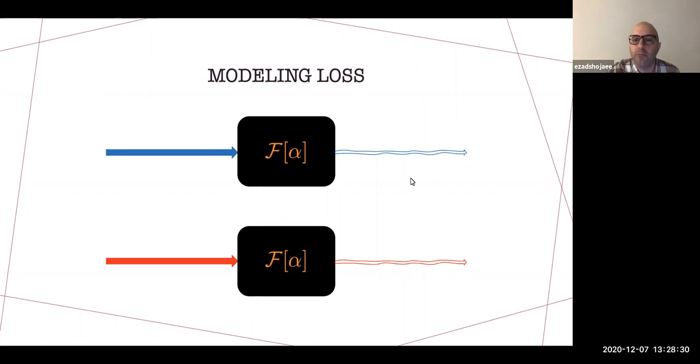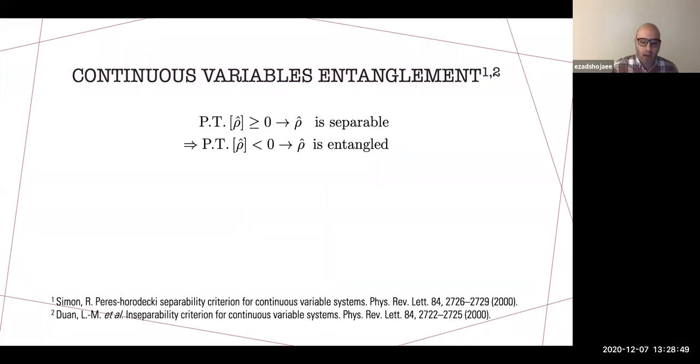And if we could manage to show entanglement between these two weakened and noise-added signals, first of all, it would be an achievement on its own. And second, it also suggests stronger entanglement at the source.